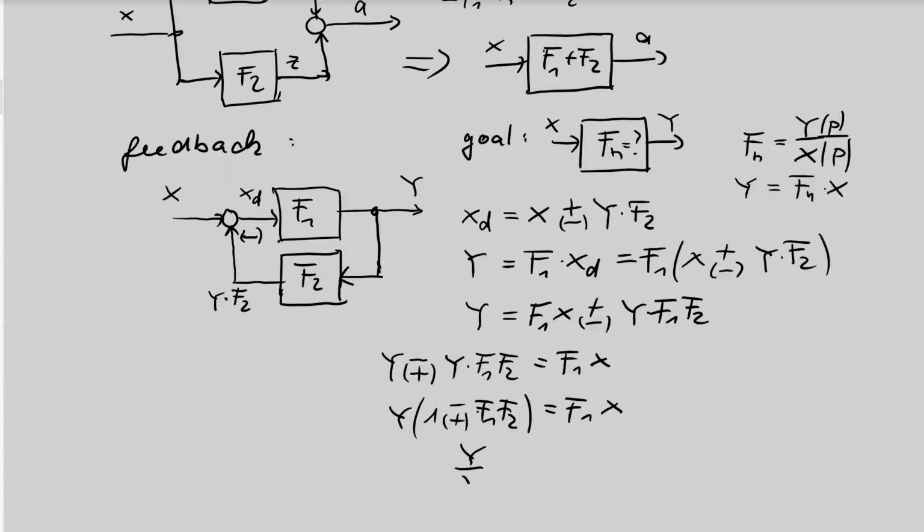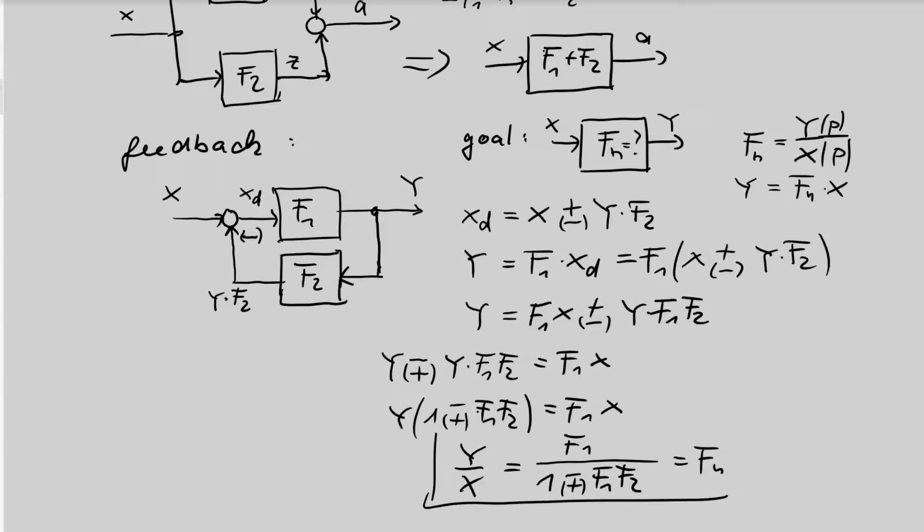Y divided by x is, now this parenthesis quantity has to be divided on both sides, and this is gone, and here we have f1 divided by 1 minus or plus f1 f2. This is my f nu. Now this is the most important equation in this lecture.